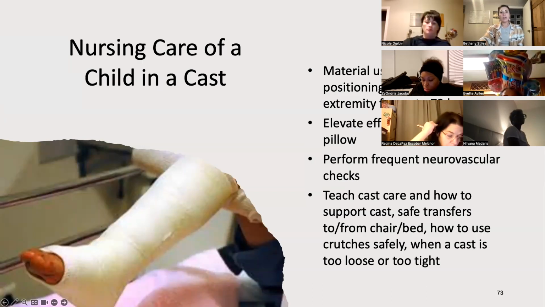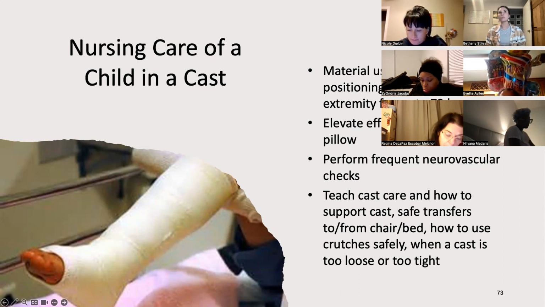So the material that we make our cast out of is going to determine how we position our extremity for the first 72 hours. And that's while we're waiting for that cast to dry and set and be fully formed. If we use a fiberglass cast, the client can bathe and go in water. But if they have a plaster cast, then they can't get it wet at all.